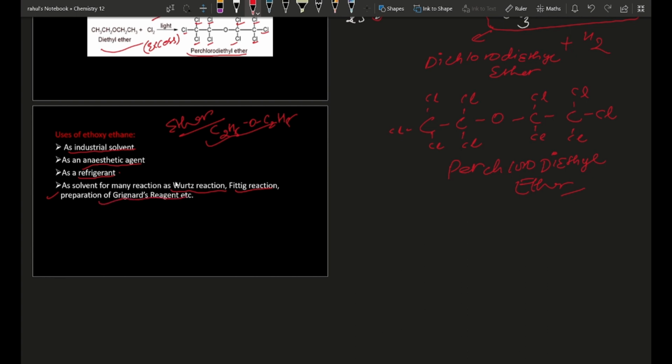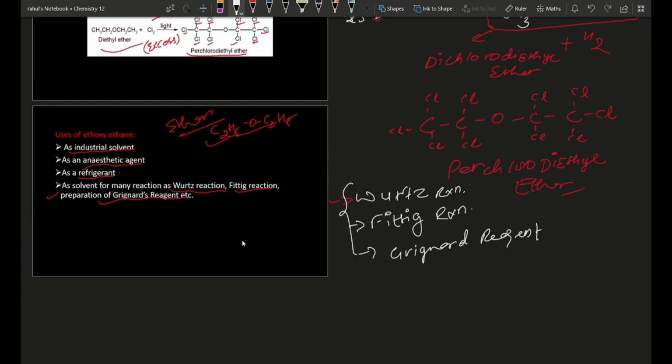So we can use ethoxyethane as a solvent for many reactions. There are three reactions: Wurtz reaction, Fittig reaction, and the last one is preparation of Grignard reagent. So in these three conditions we can use ethoxyethane. With the uses, we finish this ether chapter here.